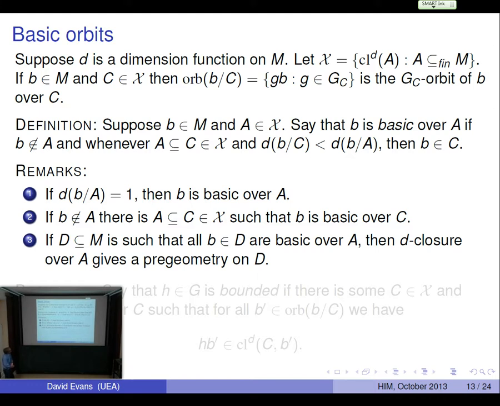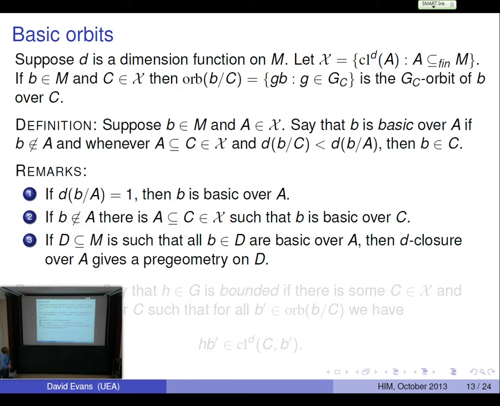Okay, so let's suppose we've got one of these dimension functions. Once again, script X is closures of finite subsets. And just a bit of notation here, if B is in M and C is one of these closures of a finite set, the orbit of B over C is what you expect it to be.